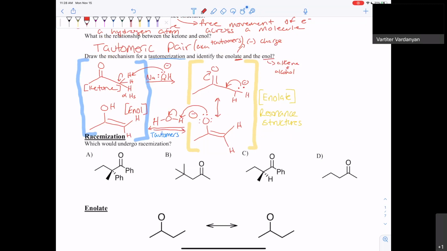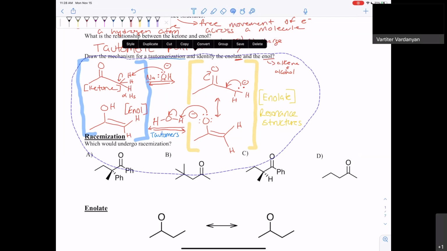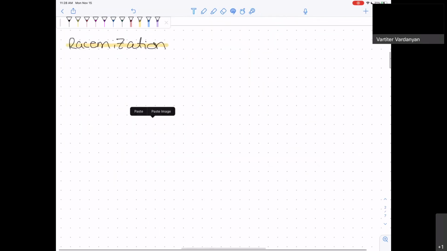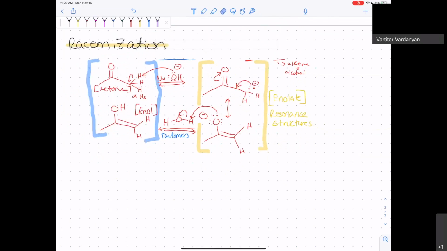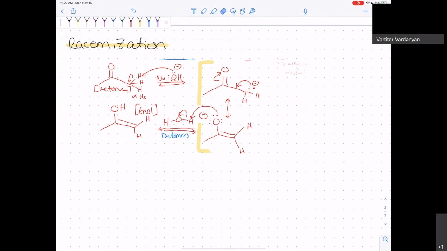I'm going to draw this arrow saying that it can go backwards. I'm going to copy this, because the first thing we do for racemization is essentially copy what we already had, since it has the same base reaction. The biggest difference is I'm going to draw it out linearly.